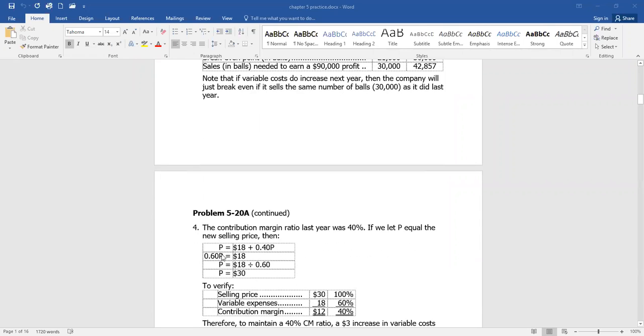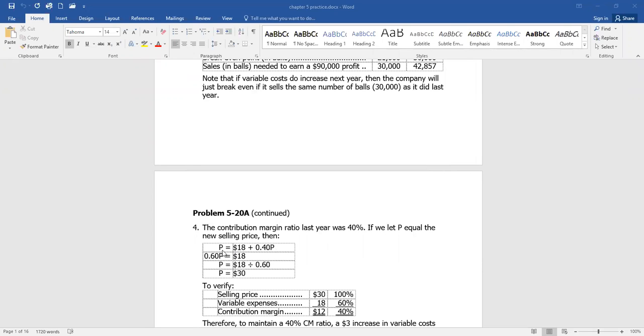So, variable cost per ball is $18, so selling price equals the variable cost plus 40% of selling price, which is the contribution margin from the prior year. If you remember, in the very first part, that was the contribution margin ratio.